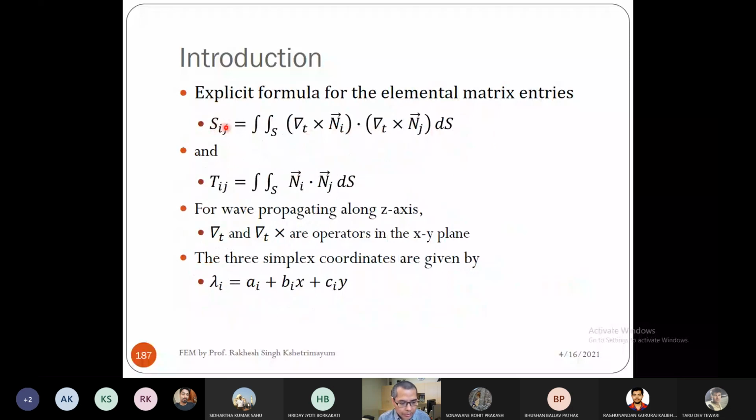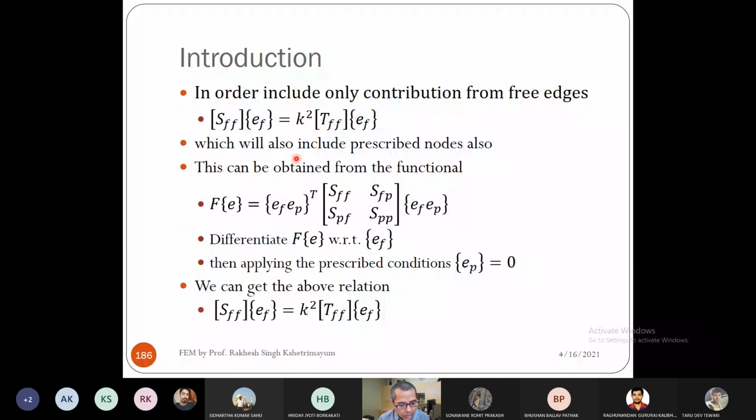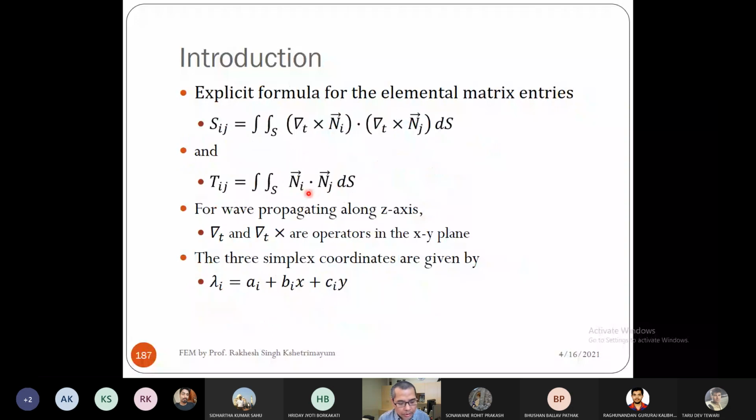This is what we are supposed to find. To fill up the T matrix, we need to find the double integration of Ni dot Nj ds. This is because of Et dot Et here. When you replace Et and Et by the linear approximation of the vector basis element, you will have Ni dot Nj ds.